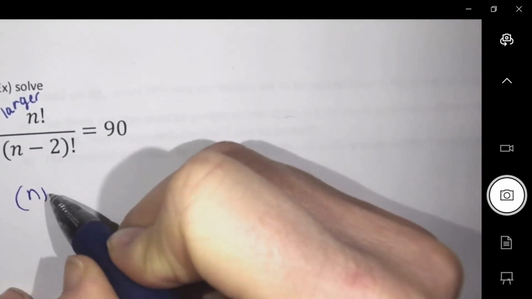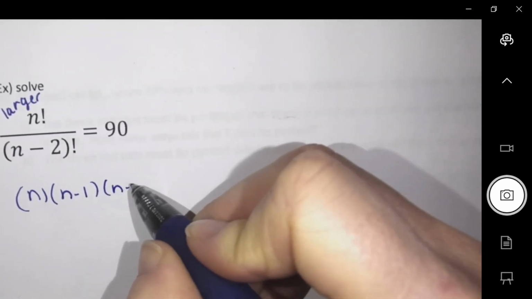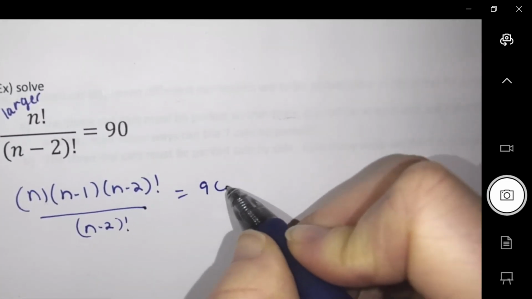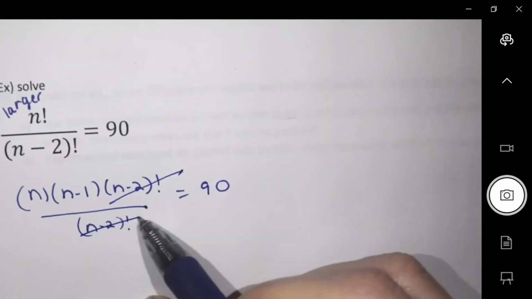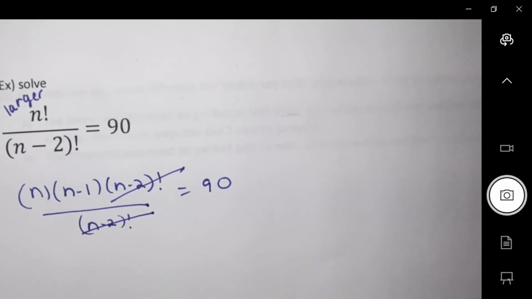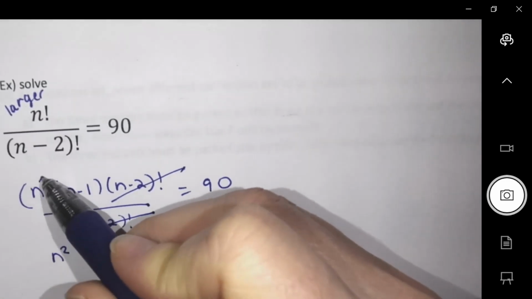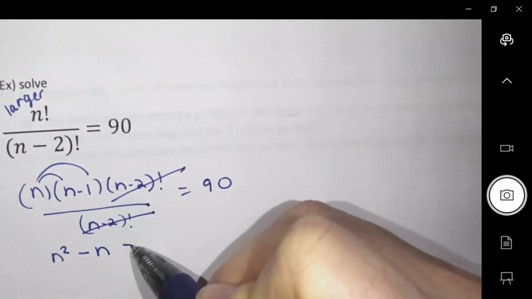So n, go down 1, n minus 1, go down 1, okay, that's the expansion. Then I see those factorials cancel. This makes n squared minus n.